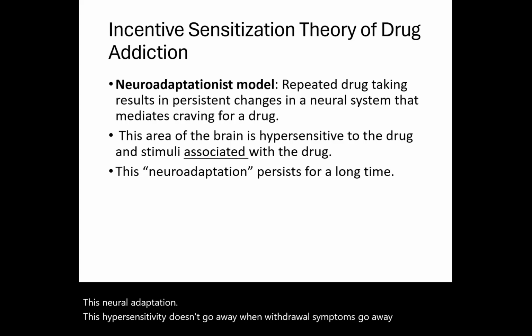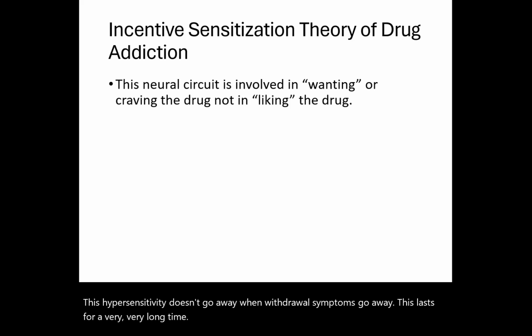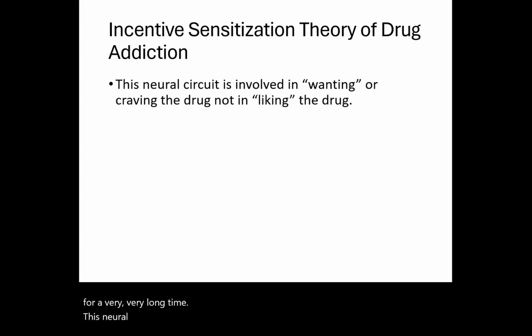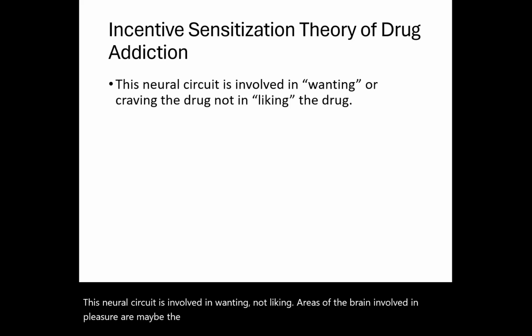This lasts for a very, very long time. This neural circuit is involved in wanting, not liking. Areas of the brain involved in pleasure are maybe the cannabinoid system and the endogenous opiate system a little bit. But this area is a dopamine system, and it's not the pleasure center.